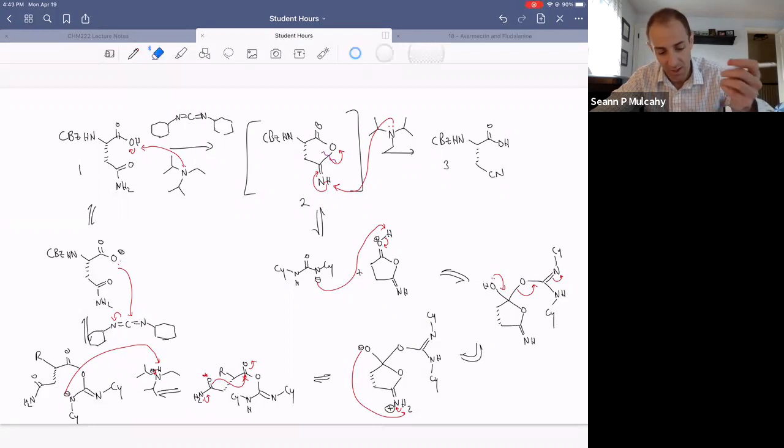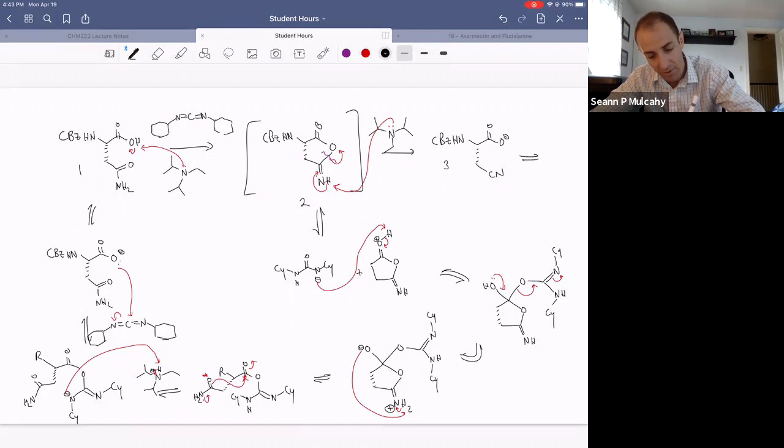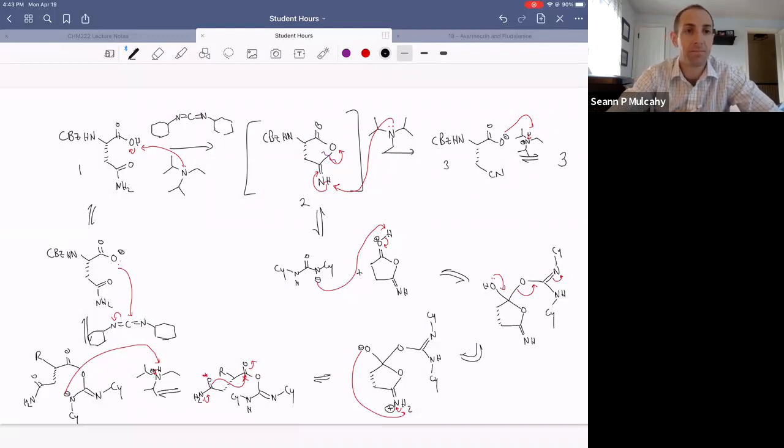And then you simply take that O minus and grab a proton from the formerly diisopropylethylamine, now a diisopropylethylammonium. That's going to protonate to give you number 3. So this is a peptide coupling, a coupling reagent, followed by a dehydration to give you the nitrile.